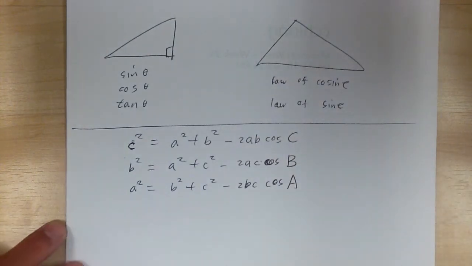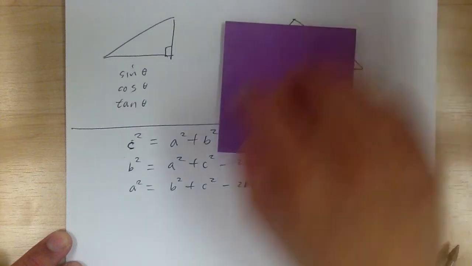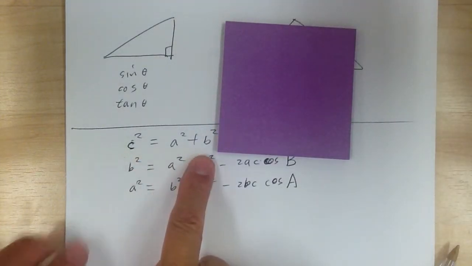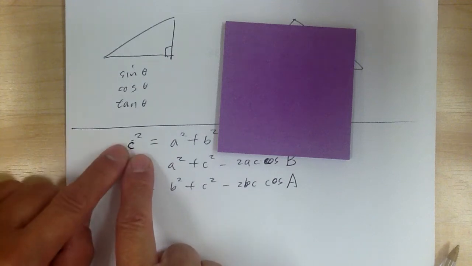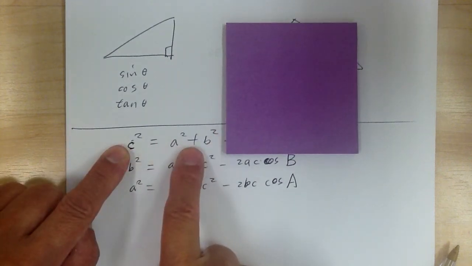Okay, so this is how you memorize. You start with your Pythagorean theorem. So c squared equals a squared plus b squared. Notice that all the letters will be used. So whichever letter is over here, the other two will go over here.